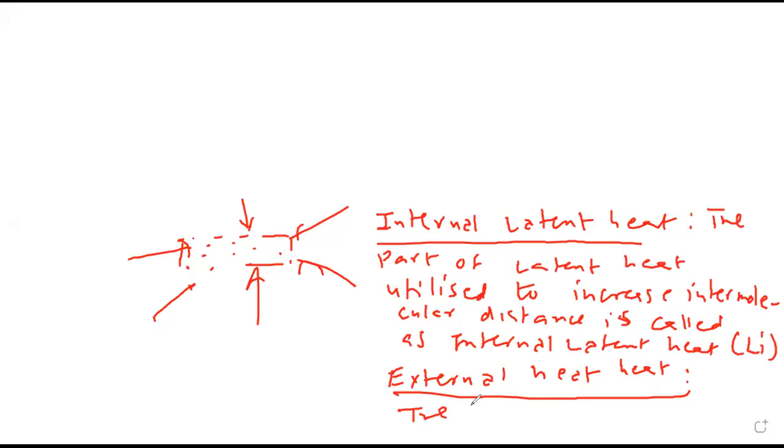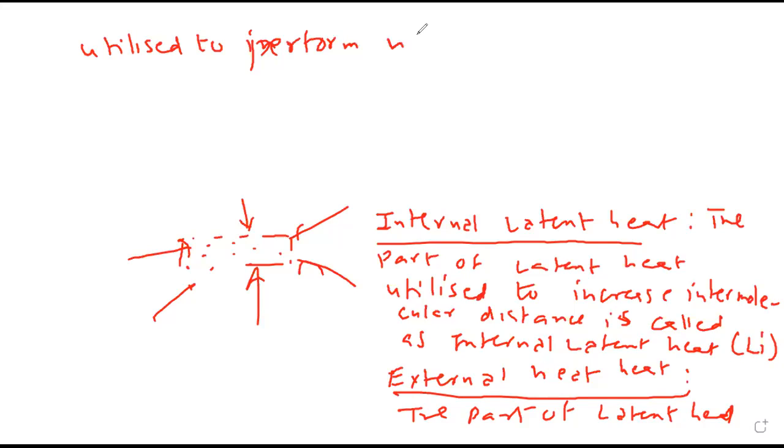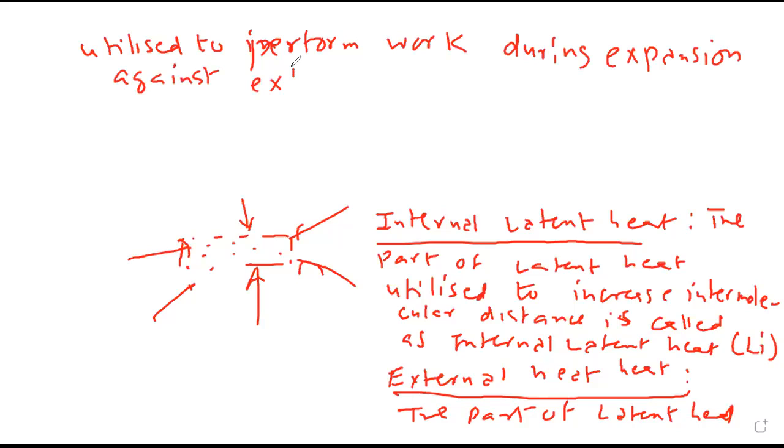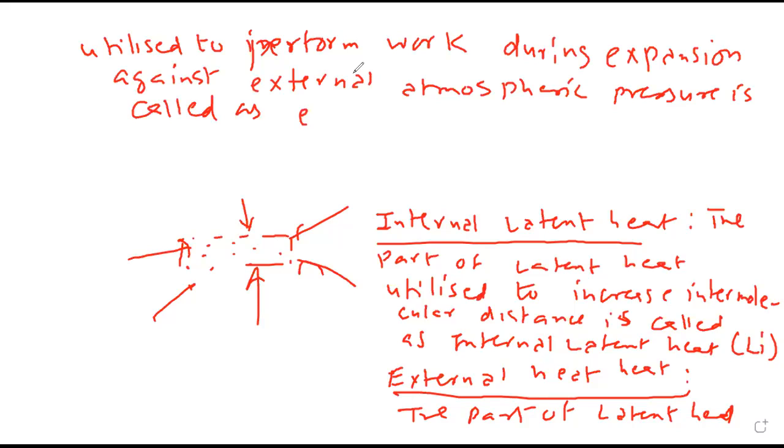External: the part of latent heat utilized to perform work during expansion against external atmospheric pressure is called external latent heat.